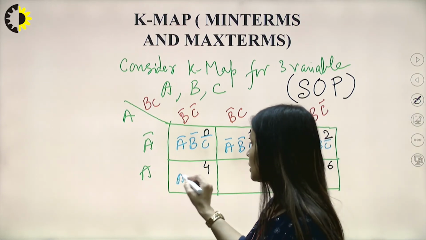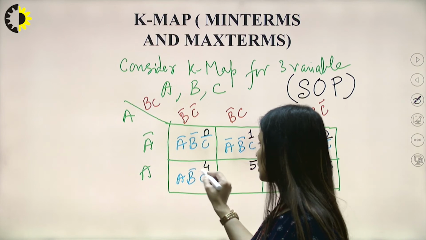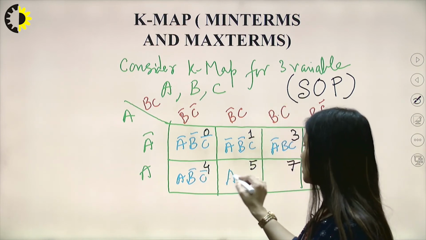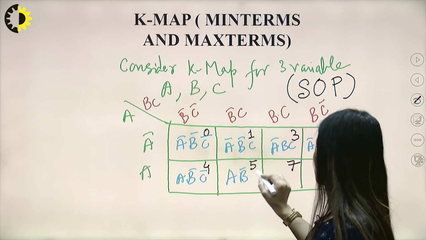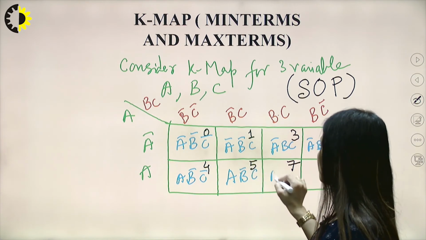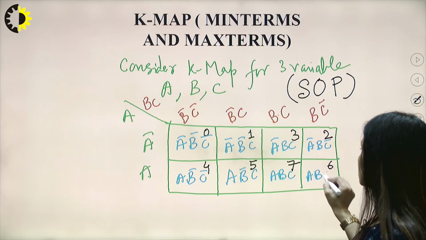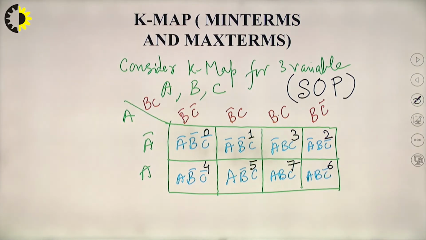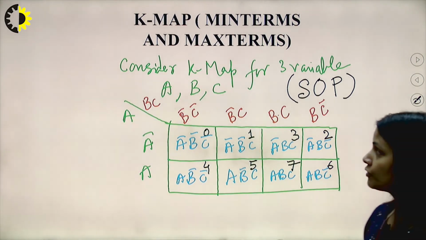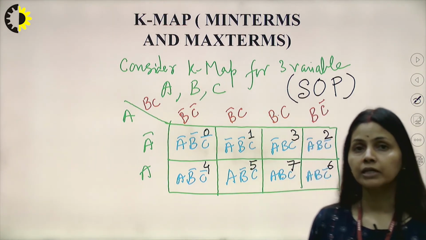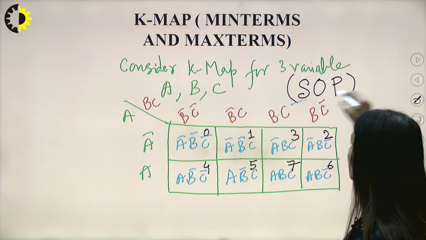Here A B bar C bar. This is A B bar C. This is A B C and this is A B C bar, right? So this is how we can represent this particular K-map for 3 variables, but for SOP form.